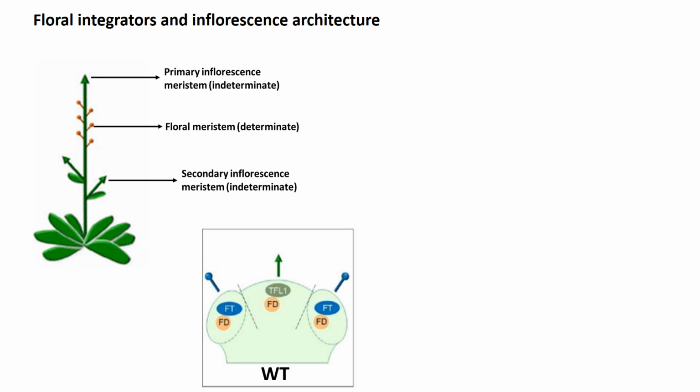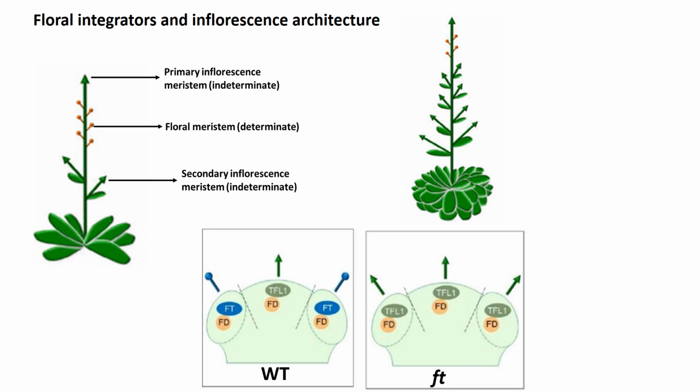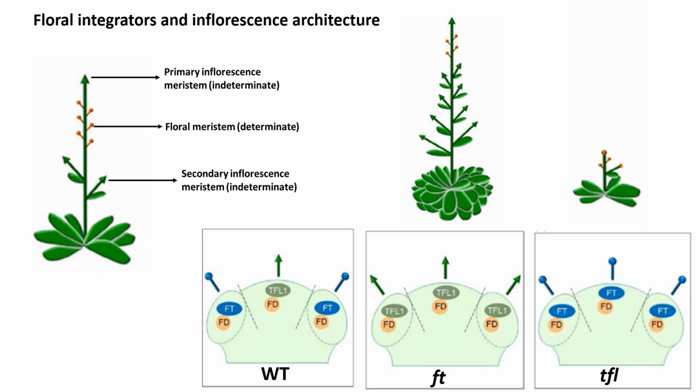FT interacts with FD in the shoot apical meristem and activates the floral meristem identity genes, whereas TFL1-FD suppresses these genes. FT mutants increase the indeterminacy of the inflorescence due to lack of induction of the floral meristem genes, while TFL1 mutants show early determinacy, which leads to the formation of a terminal flower.